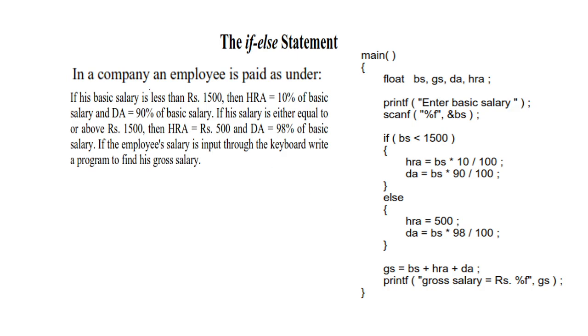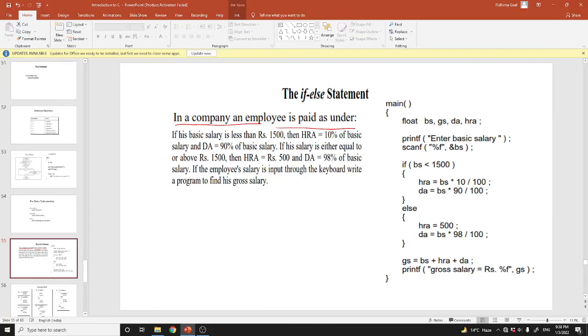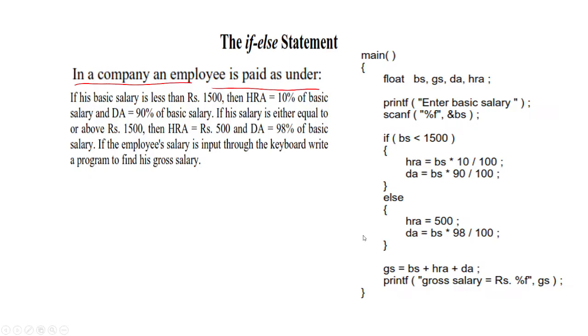So let's see this problem. In this problem, it is asked that in a company an employee is paid as under. If the employee's basic salary is less than 1500, where basic salary is a variable in this program, we have taken BS as the basic salary, of type float.